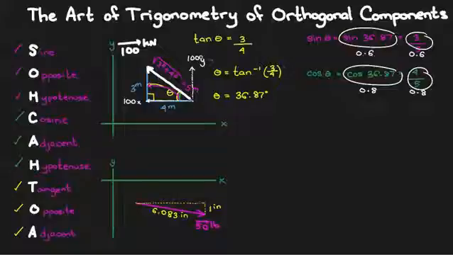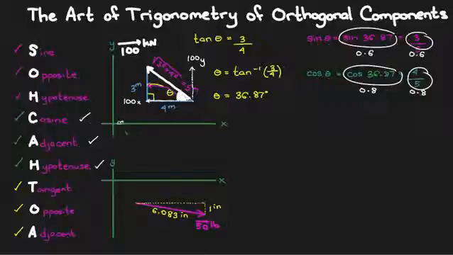If you look at the x component and the angle that you already know, which is 36.87 degrees, you know the hypotenuse, which is 100. So you're looking for the side that is adjacent to the angle. You already know what the hypotenuse is, therefore you should use the cosine definition.